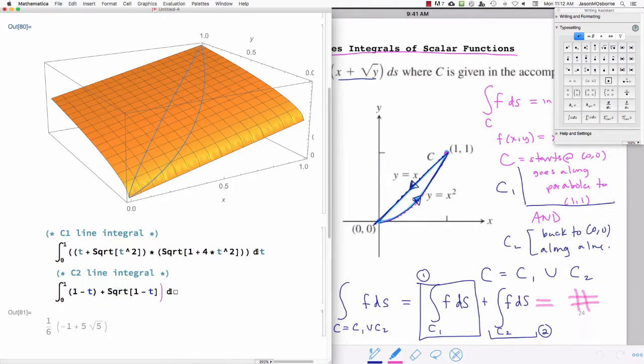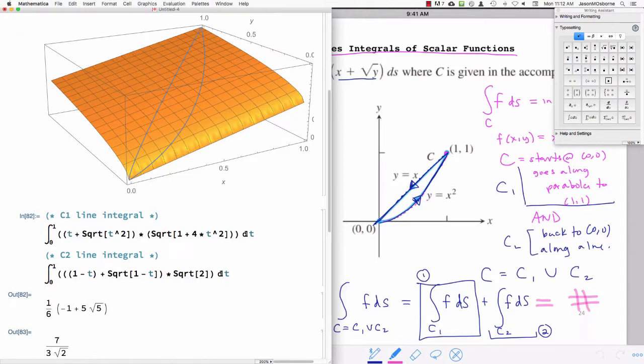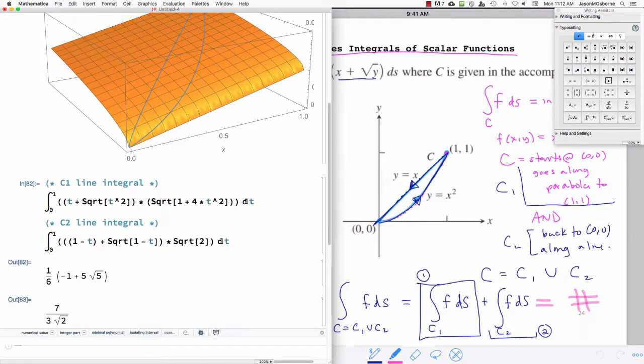Okay, and we needed to multiply all that times the square root of 2, which was the magnitude of the velocity of your straight line. Okay, and then that was a t integral. Fill in the box here, t, and then Shift Enter: 7 over 3 square root of 2.